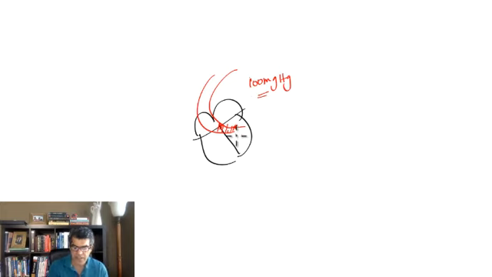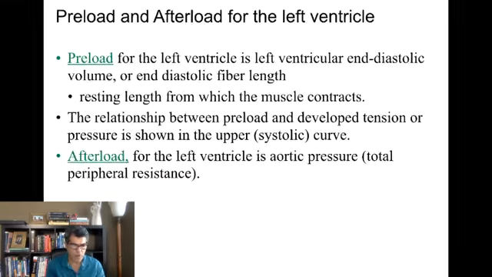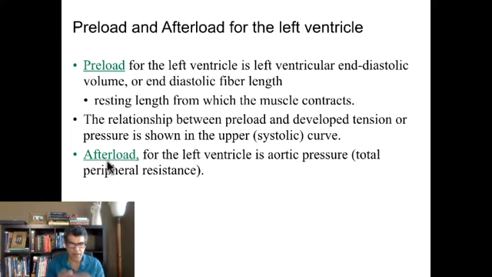This force that the ventricle needs to overcome is called afterload. If the pressure inside the aorta goes up, then I have to create more force. That means my afterload is increasing. Therefore, we say afterload is a force that the ventricle needs to overcome, or in other words, it is the total peripheral resistance, the amount of pressure that the ventricle needs to create to be able to push this blood out.